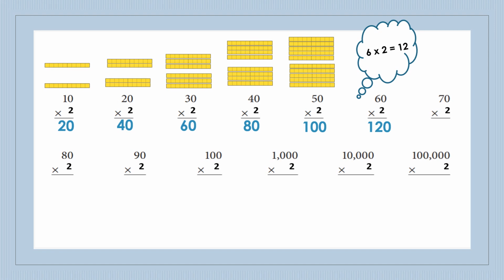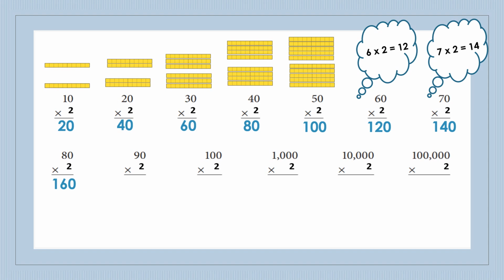70 times 2. Well, 2 times 7 gives me a product of 14. So two groups of 7 tens or 70 would give me a product of 14 tens or 140. Two groups of 80, 80 times 2 gives me a product of 160.